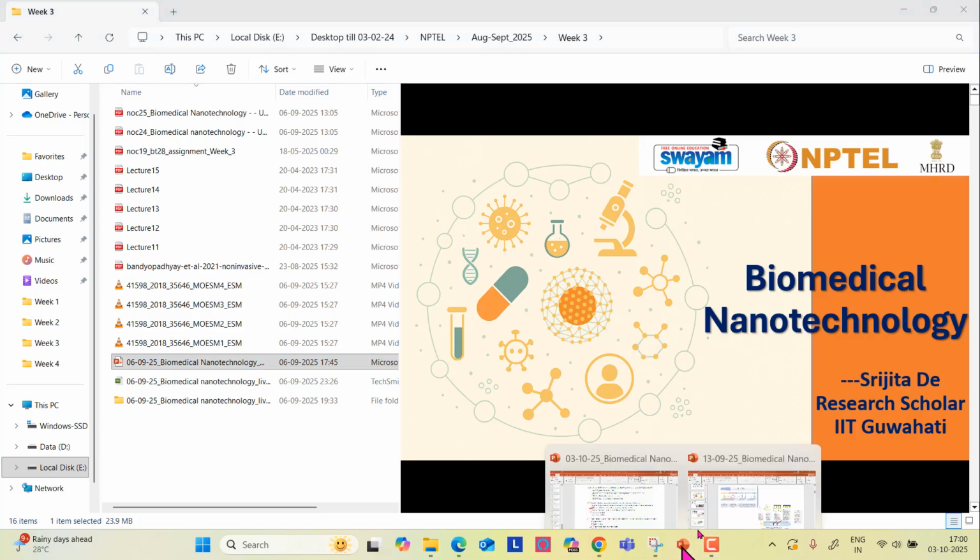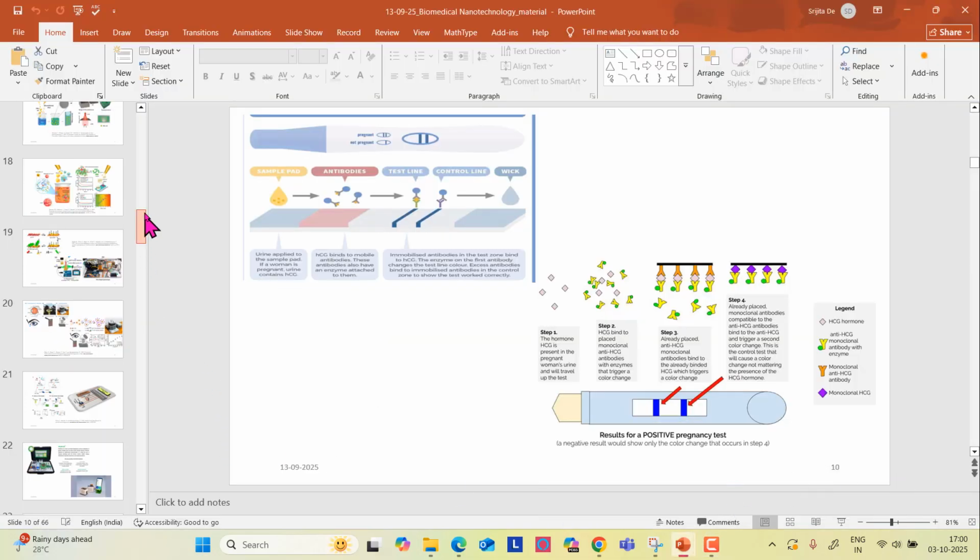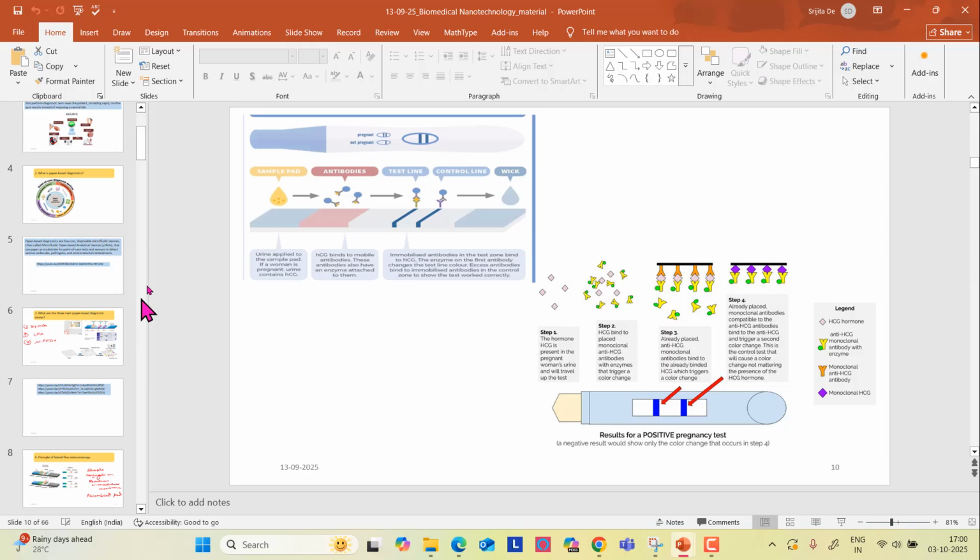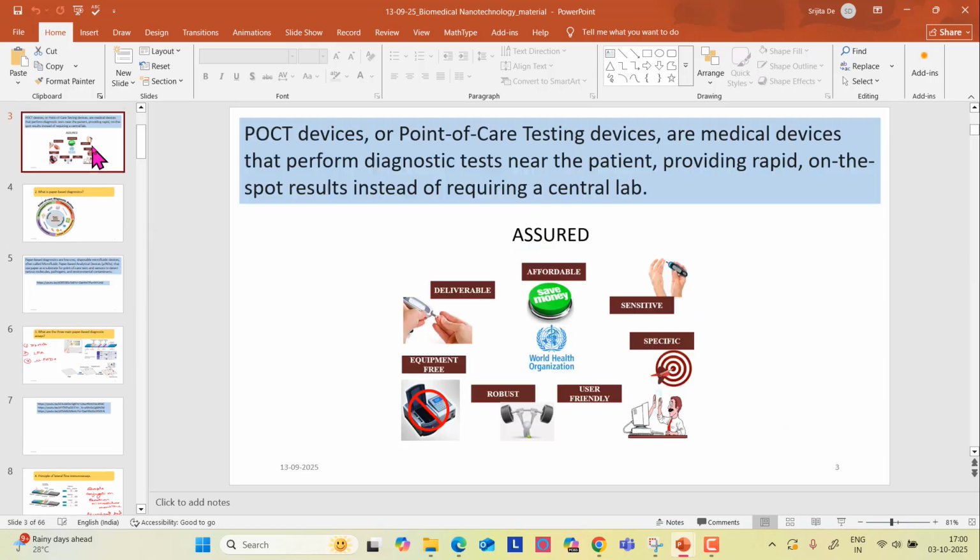And in the last class, we have learned about point of care testing devices, why these are very much needed, because these things do not need any conventional method, any expert to test. It is affordable, sensitive, specific, user friendly. Anybody can use. You don't need very scientific knowledge to use these devices. Okay.